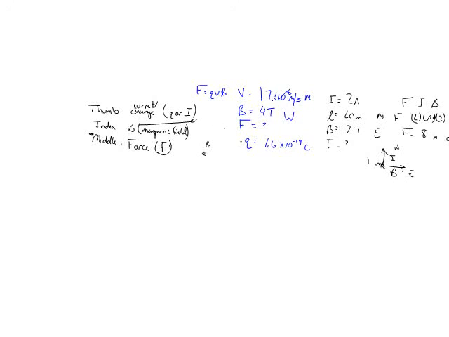So let's plug this in. We have F equals 1.6 times 10 to the negative 19, 1.7 times 10 to the 8, and 4. And I get 1.09 times 10 to the negative 10 newtons.